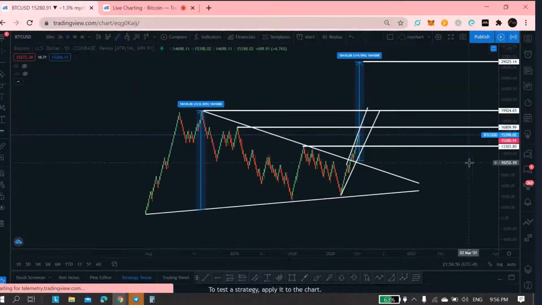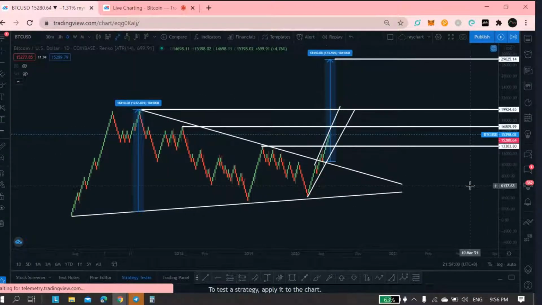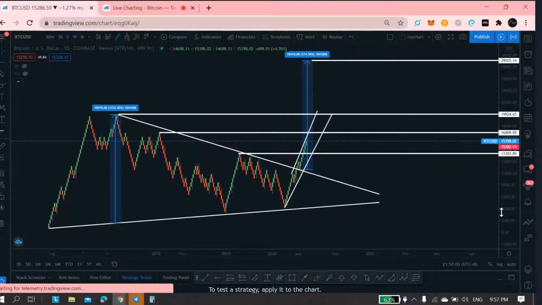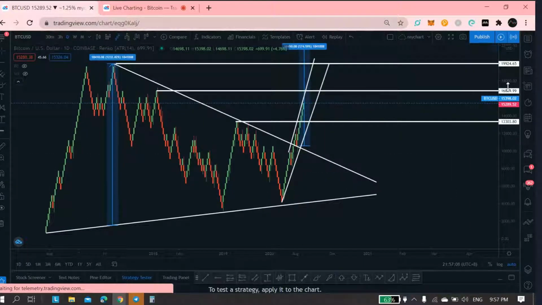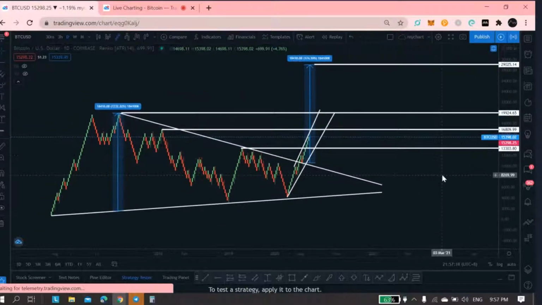It's even going lower, because I took some TPs a while ago during the pump. I think it went as high as the 15,900 area. So yeah, I think this is it, my long-term view at the moment.